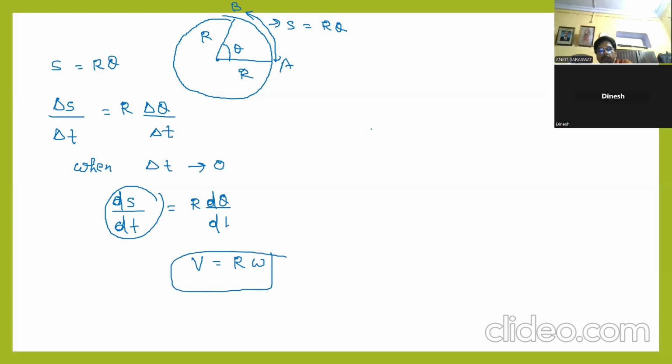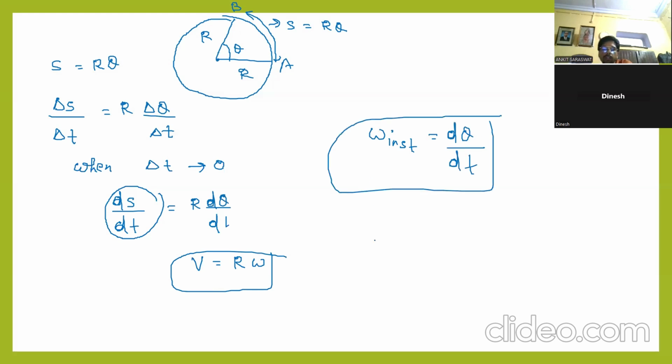What is omega? It is d theta by dt, the instantaneous angular velocity. Clear? And V is the instantaneous velocity. Clear? Okay, sir.